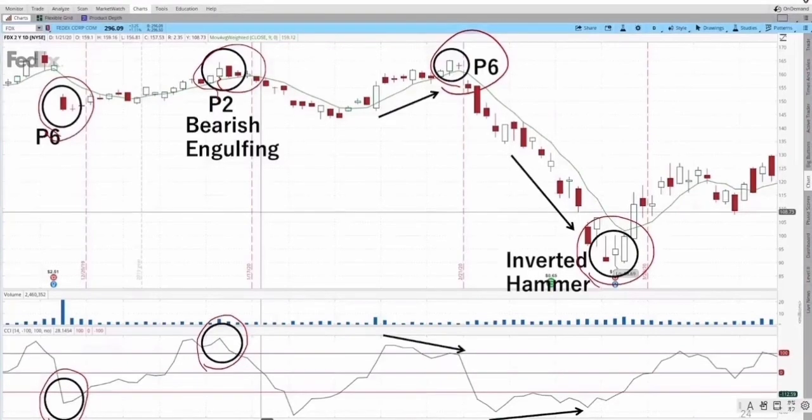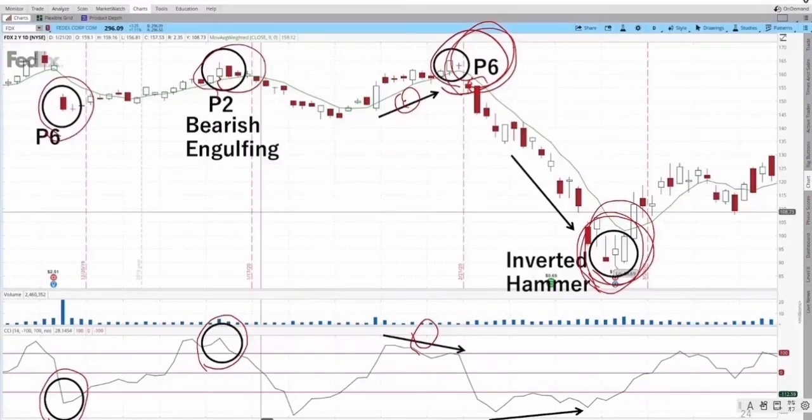Check CCI, you can find a divergence happening between the price and indicator CCI before the formation of pattern 6, the bearish harami cross, and the inverted hammer right in here. So you may sell here at P6 and close your position at the formation of the inverted hammer.